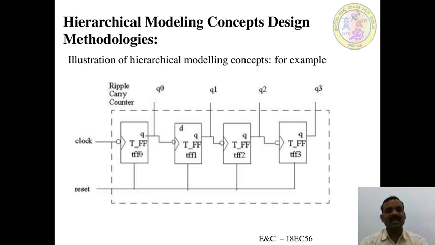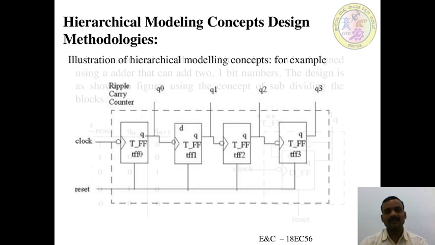Then the output is Q1, which is input to the next T flip flop. Q2 is the output, and one more output goes to the last block. So Q0, Q1, Q2, Q3 are the outputs.